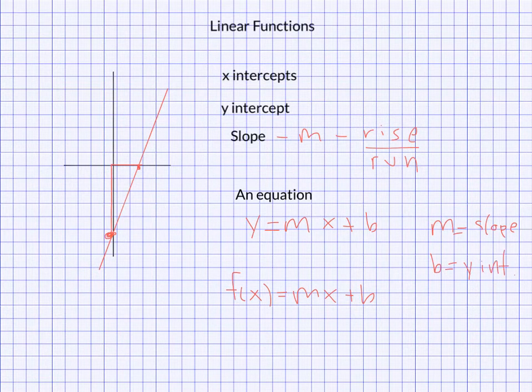Not the whole y-intercept, but the y value of the y-intercept. So what we can do with these is if we have a graph that has a line on it, we can find the x-intercept, the y-intercept, we can find the slope, and then we can find an equation of that line. So let's go ahead and try that.